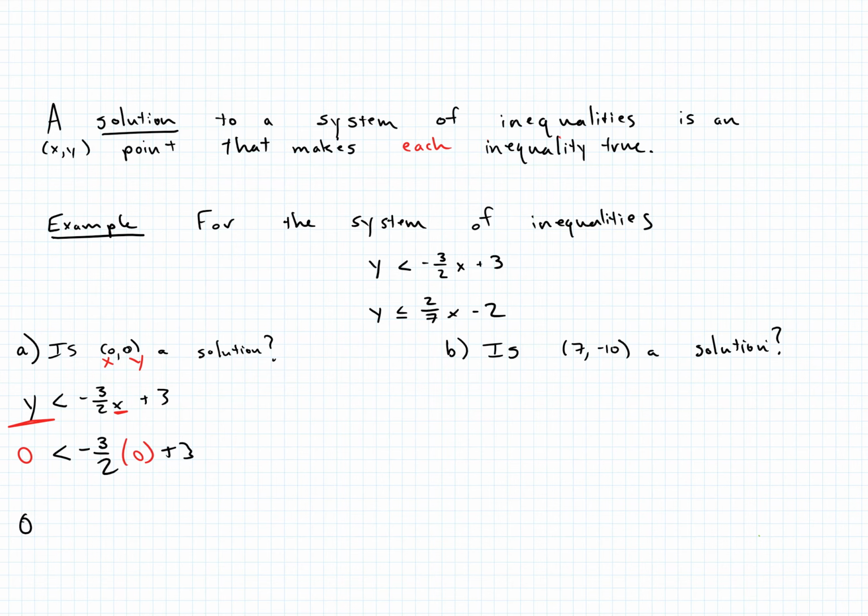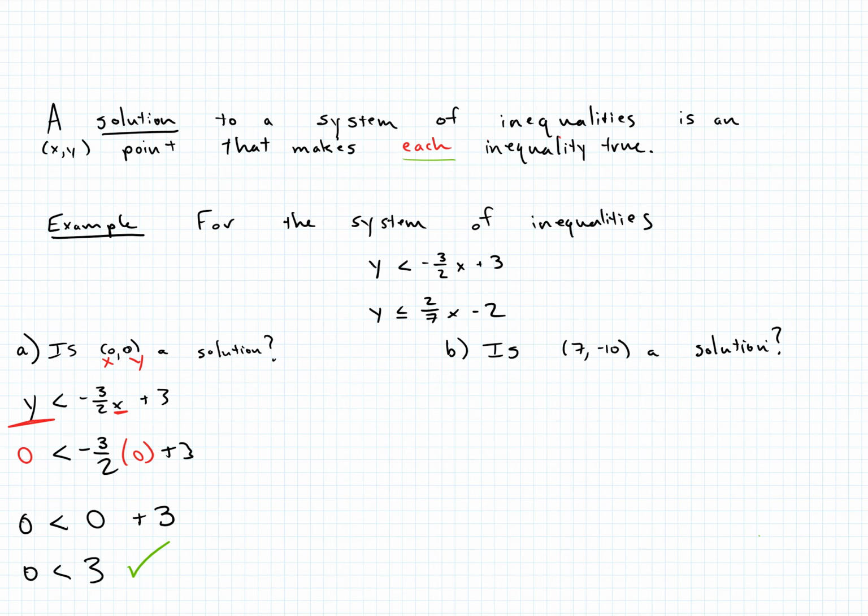All right, so we get 0 is less than negative 3 over 2 times 0, which is still 0, and then 0 plus 3 is still 3, so we have 0 is less than 3. Is this true? It is. So far, so good. Now (0, 0) is not a solution yet because it has to make each inequality true.